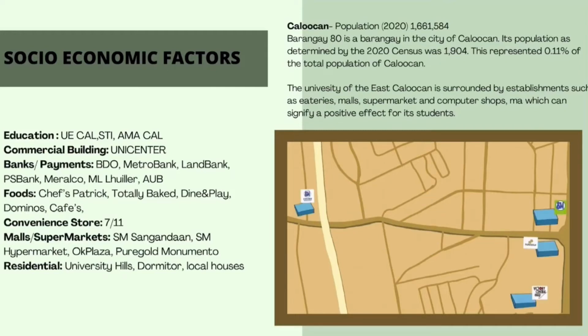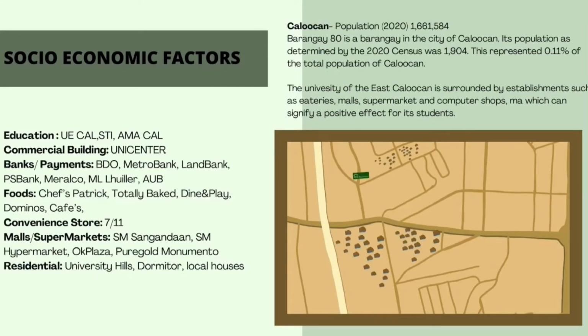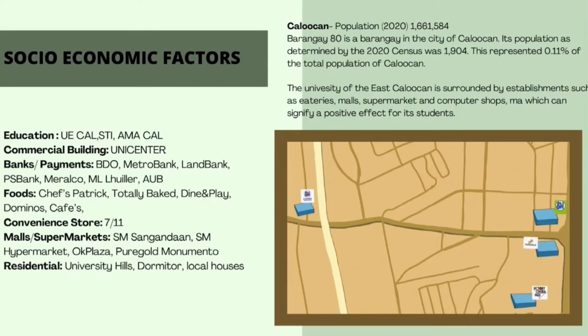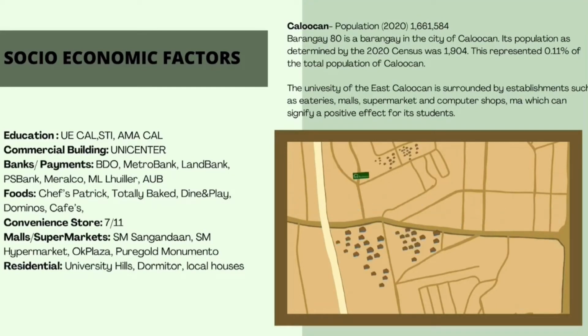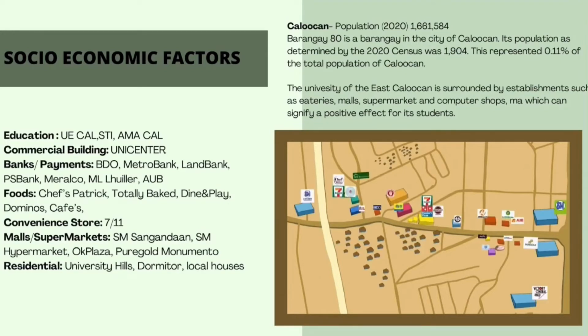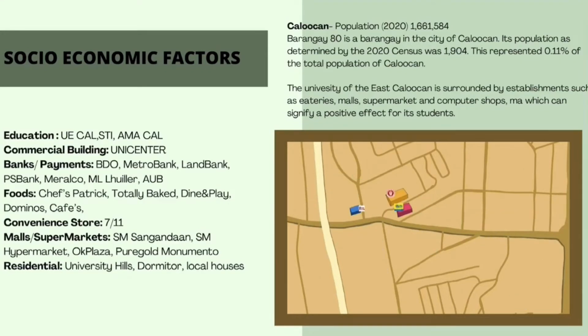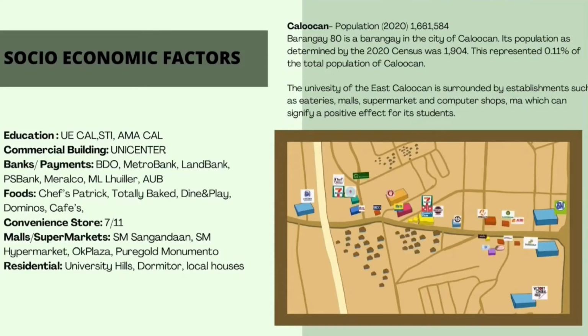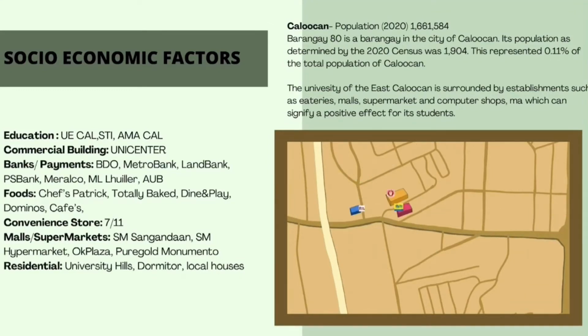One of the main needs of the students are the food stalls, cafes, and restaurants, wherein they can freely hang out after class and on weekends. Some of these are Chef Patrick, Totally Baked, and 7-Eleven that are found at University Hills, which is nearby the UE. Next is malls and supermarkets.